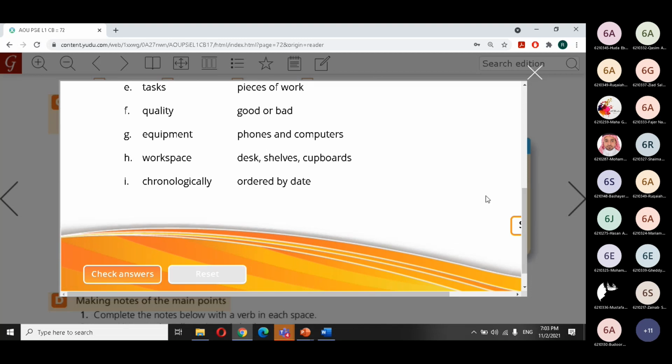you can organize your files alphabetically, means in alphabetical order, from A to Z. First the files with A, then the files starting with B. This is alphabetical order. Or you can organize your files chronologically.